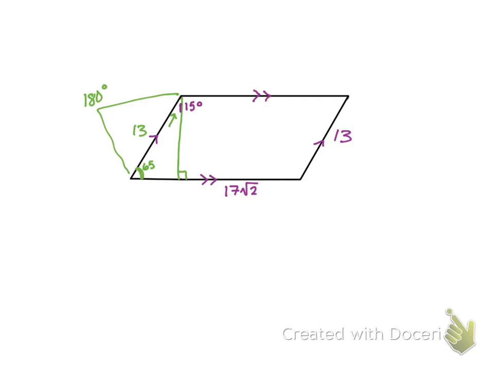So since we have a side length of a triangle, the 13, and we have the angle measure, we can use some trig to solve this one. Looking at our SOHCAHTOA rule, we need the opposite side from our angle, so it looks like we'll be using sine.